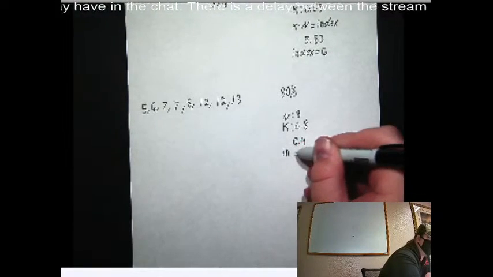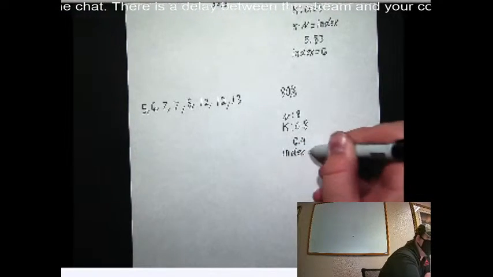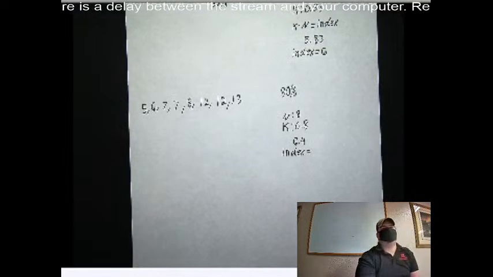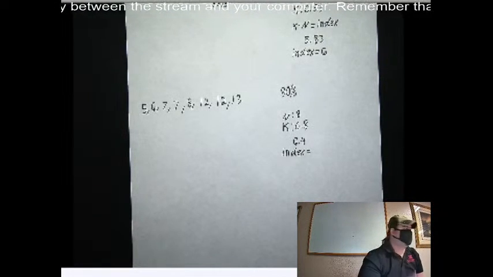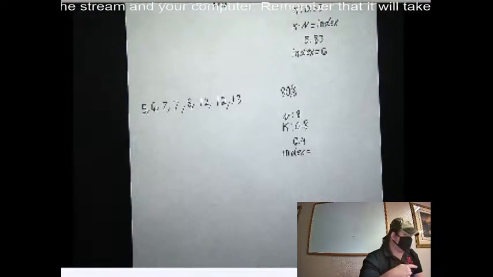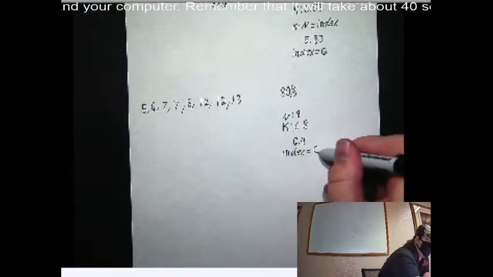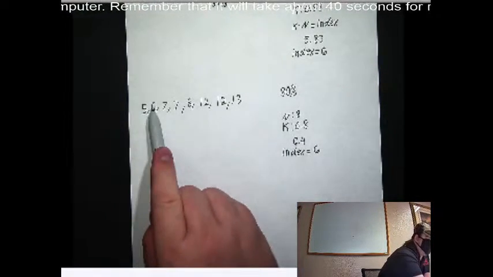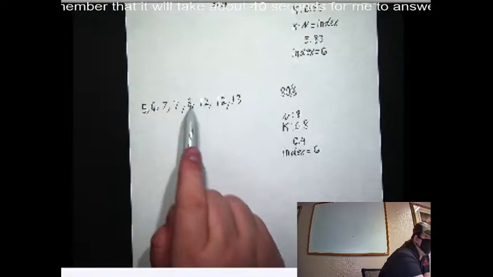So our index will be this number rounded. Again, we're rounding to the nearest whole number, so it's 6. So we count 1, 2, 3, 4, 5, 6.